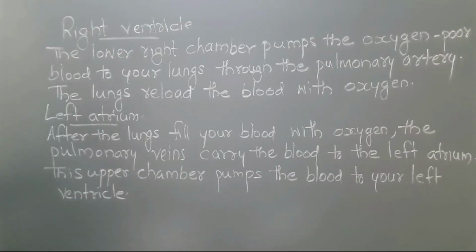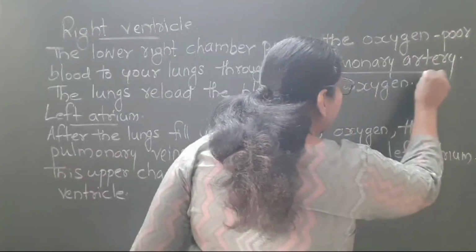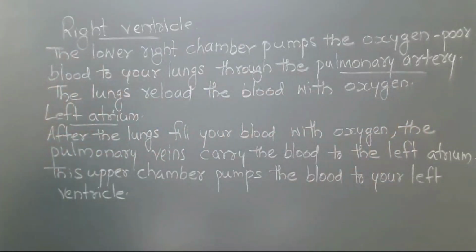Here you have to notice there are two things. We learned that arteries carry oxygenated blood except the pulmonary artery. The pulmonary artery carries deoxygenated blood to the lungs. Once it reaches the lungs, it mixes with oxygen and becomes oxygenated blood.